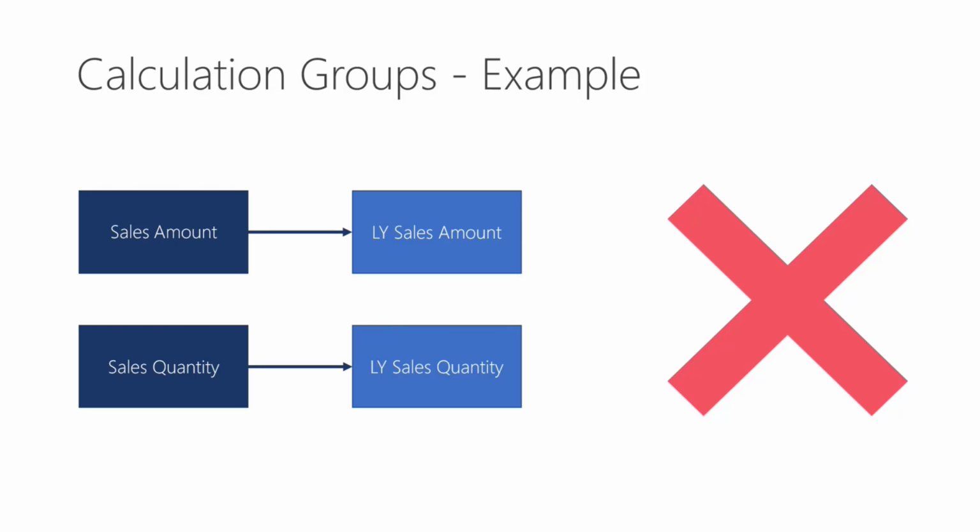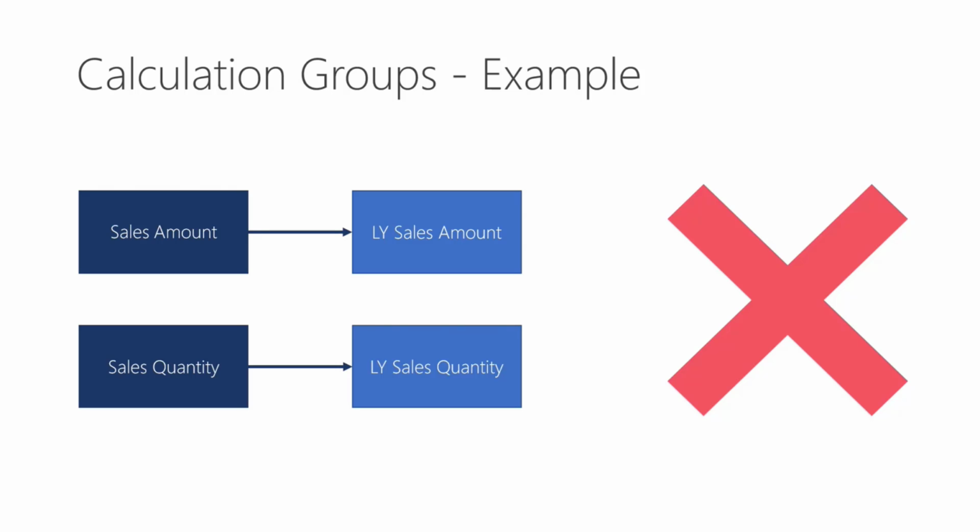You don't need to create separate measures each and every time, for each and every requirement that you might have. There are requirements like the one you see on the screen right now, or any other time intelligence requirement, which can be facilitated with calculation groups.